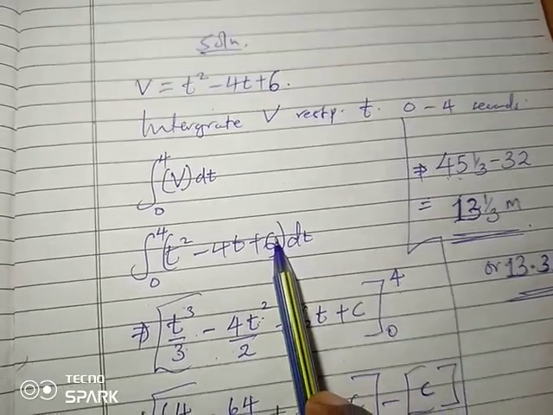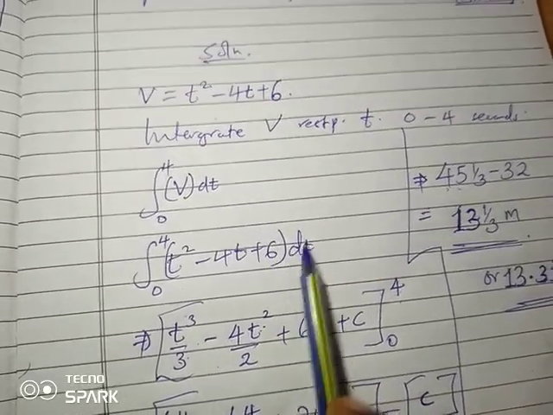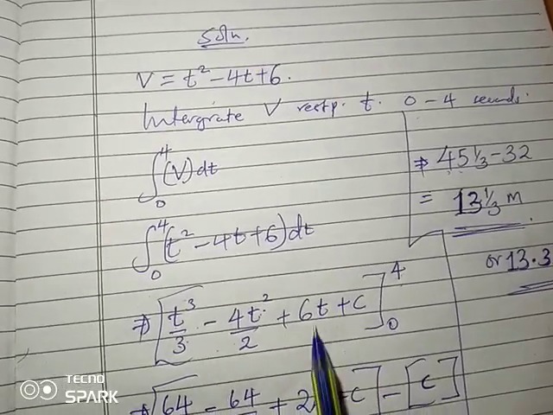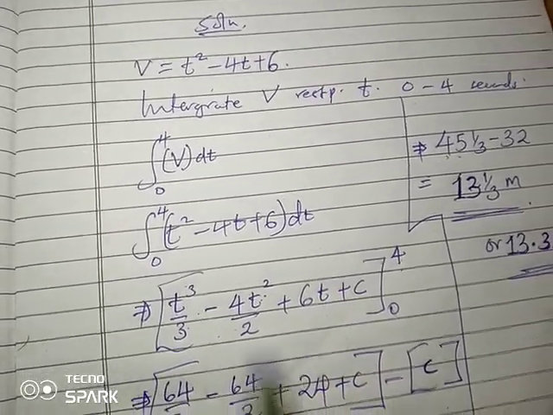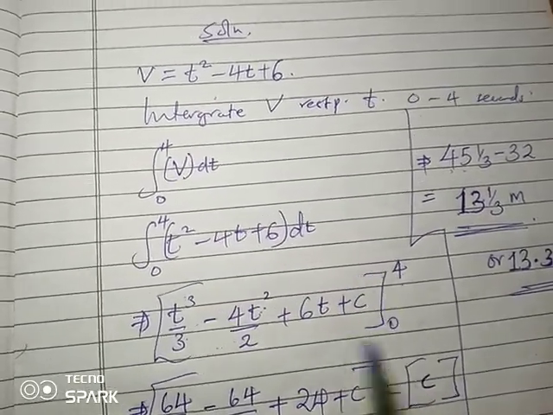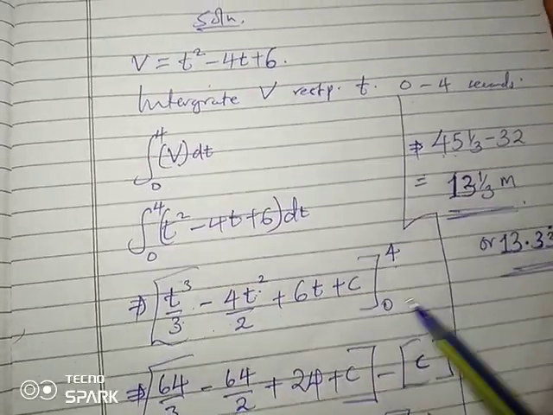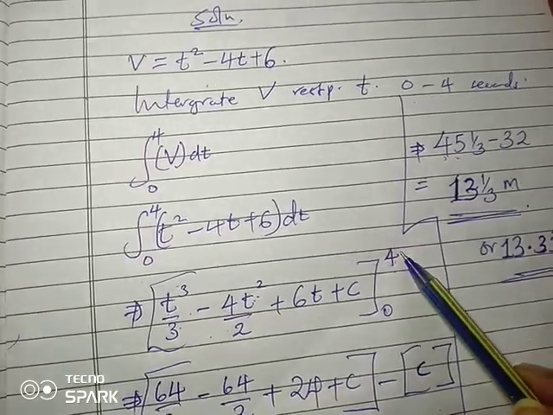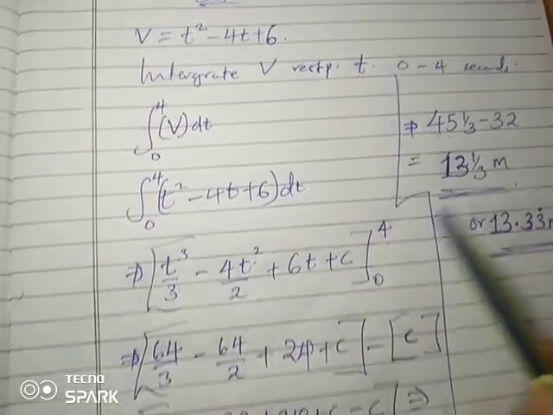Here we did not have a t, and if it was, then t was power 0, so we add 1, so it will be 6t, that is power 1 all over 1, then plus a constant c. So this is integrated, of course, between 0 to 4 to be able to tell the distance.